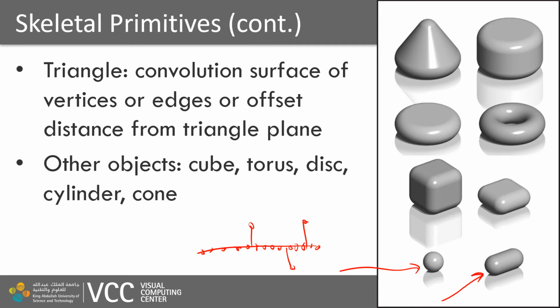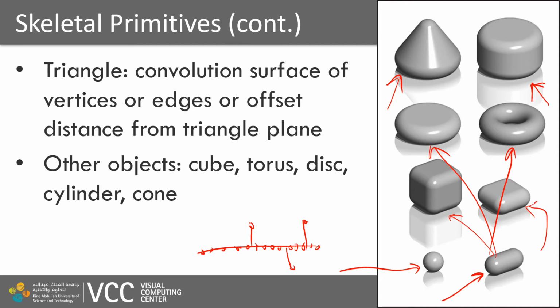And with such methods, both the level sets or convolutional surfaces, we can generate 3D objects out of a rectangle, or 3D objects out of a cube, out of a circle, or out of a two-dimensional disk, out of a cylinder, or out of a cone.